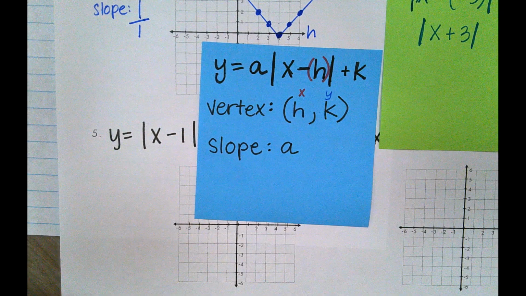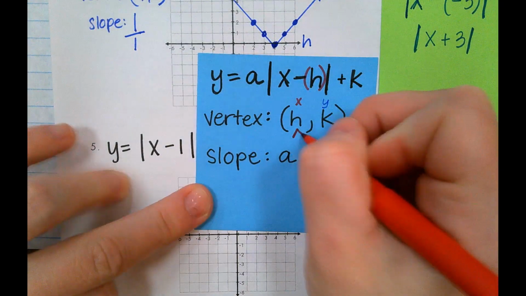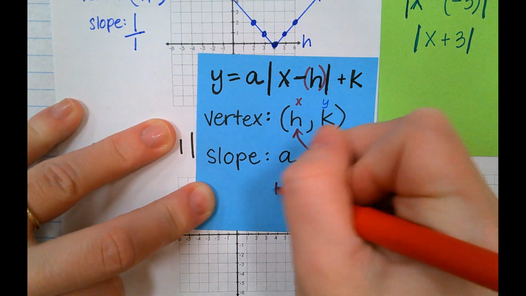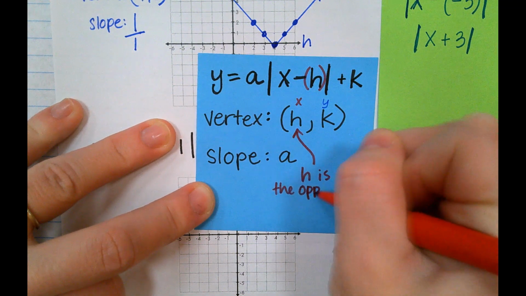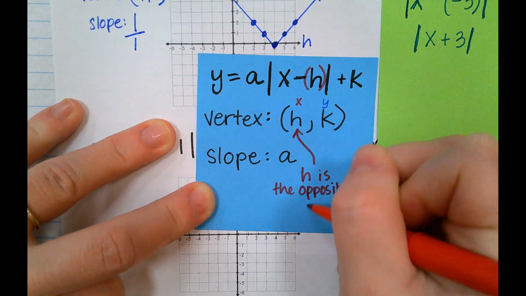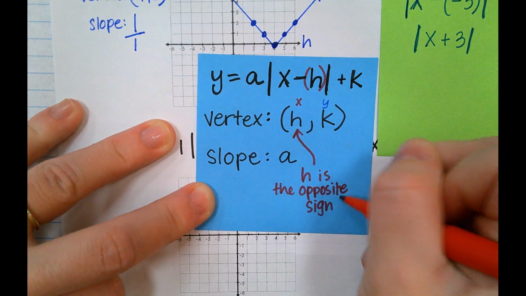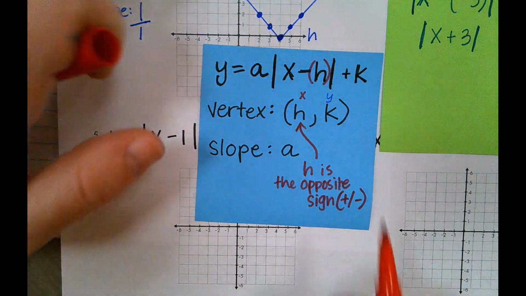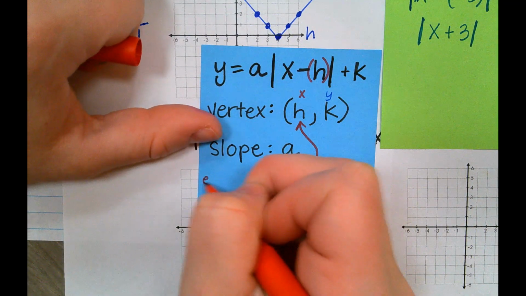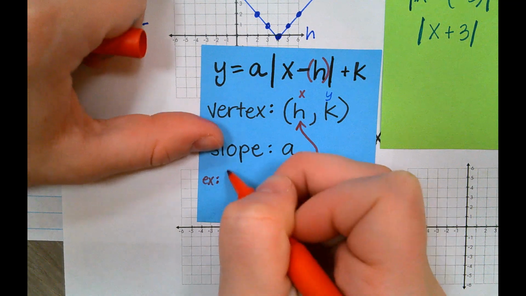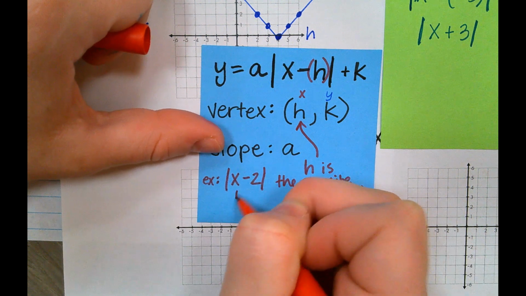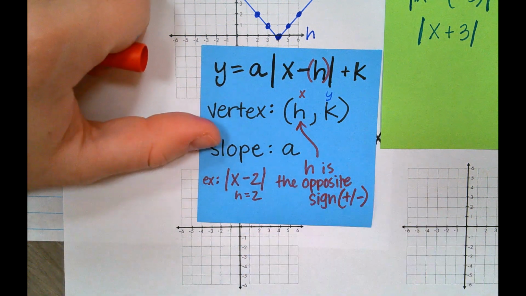Let me make a note of this. Maybe I'll just write an example on my sticky note. I'm gonna do this. H is the opposite sign. Now I'm gonna put parentheses plus and minus. So, for example, x -2, h is +2.